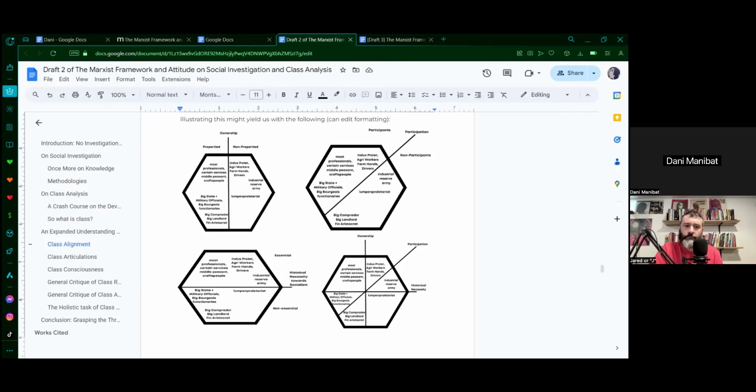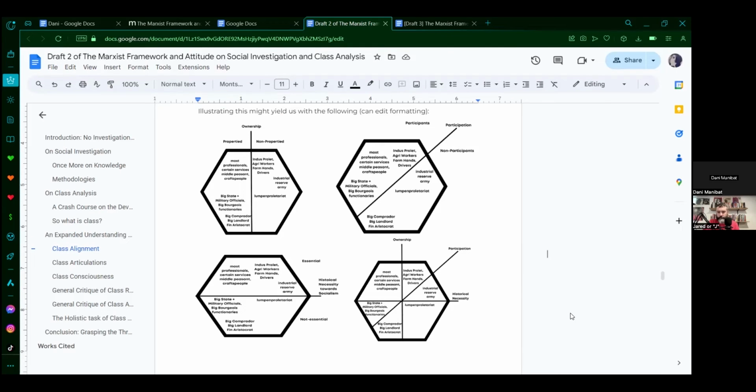And you can see exactly how, because they are on the opposite side of these people, especially the big comprador and the big landlords and financial aristocrats, they're thrice removed from the industrial proletariat.